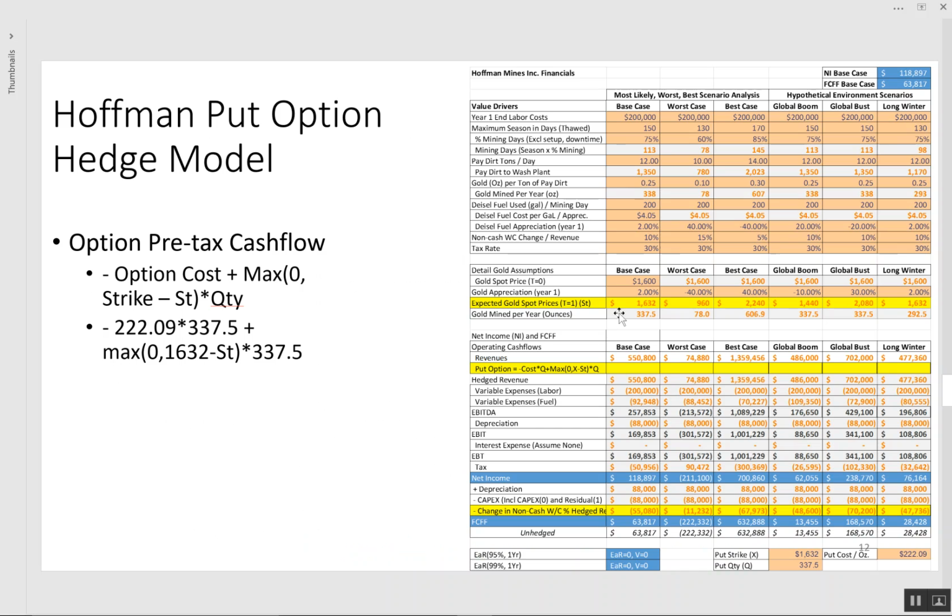So I'm going to use this row here again, except I'm going to have the put option profits. I'm going to first input the cost of the option, $222 an ounce times 337 ounces, plus the payoff, the maximum of zero, strike minus whatever the spot price turns out to be, times the quantity.